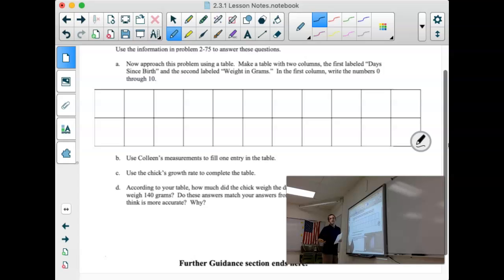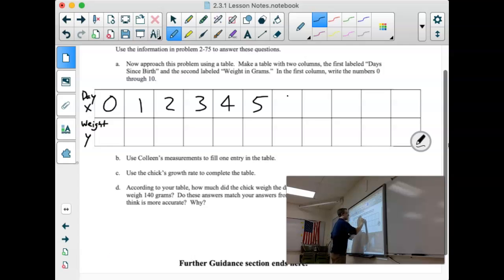Like we did for our tiles way back at the beginning of chapter 2, the top row is our x row, the bottom row is our y row, where this is weight and this is day. We're going to start at day equal to 0 and go all the way over to day 10, so 10 days worth of inputs up on top.